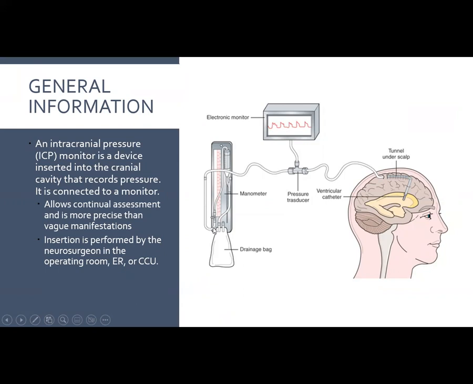So this allows for continuous assessment and is more precise than just vague manifestations. So instead of just saying that their headache increased or anything like that, we can actually go in and monitor it.